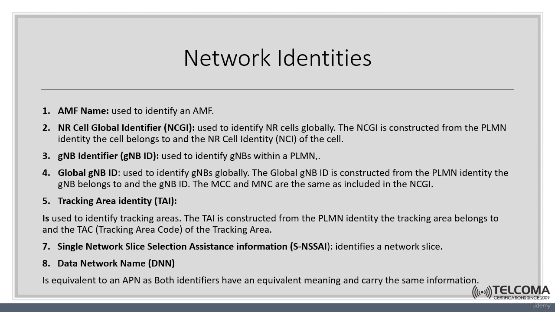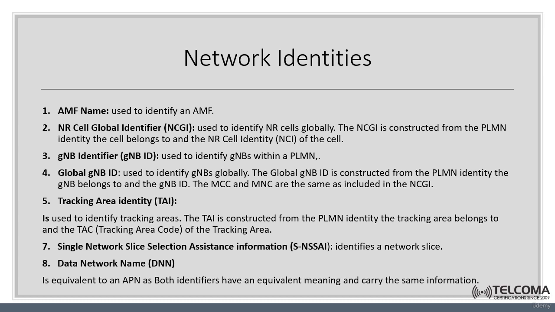Then we have two network identities which are linked together. The first one is single network slice selection assistance information, and the second one is network slice selection assistance information. So the first one, which is the single, is used to identify the network slice and is used by the user equipment in the access network in the PLMN with which the network slice selection assistance information is associated.